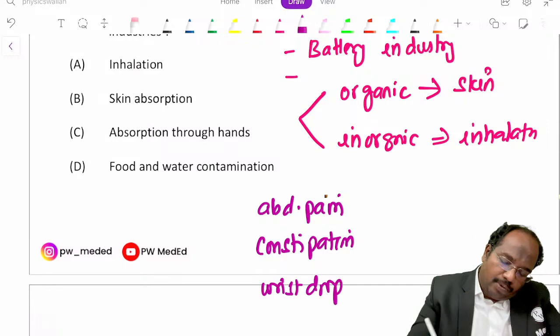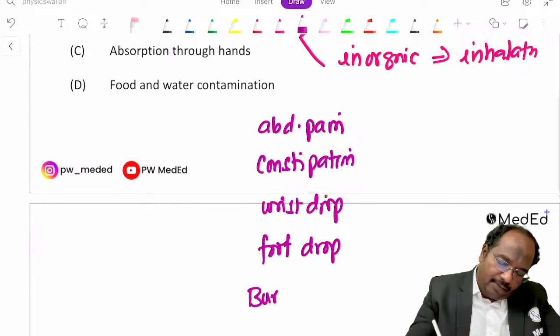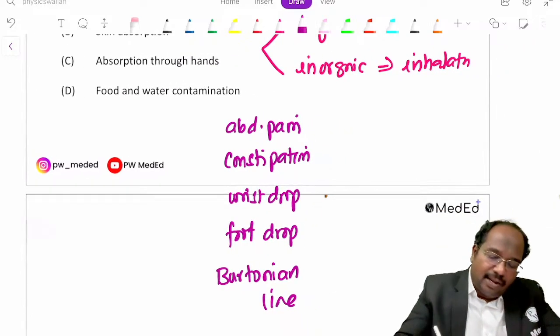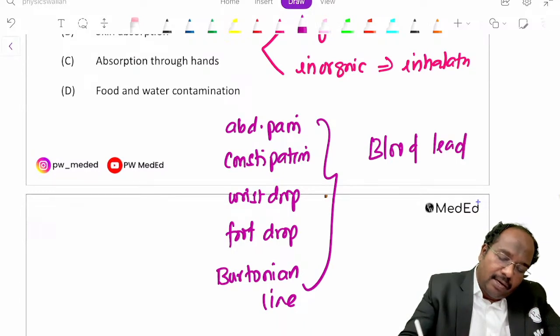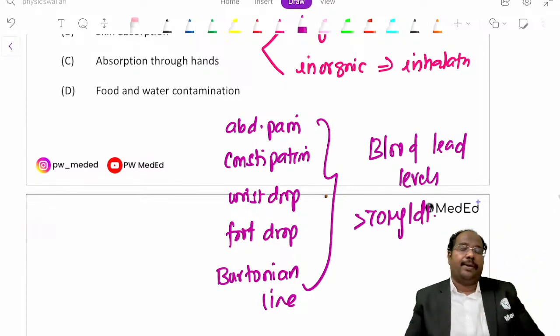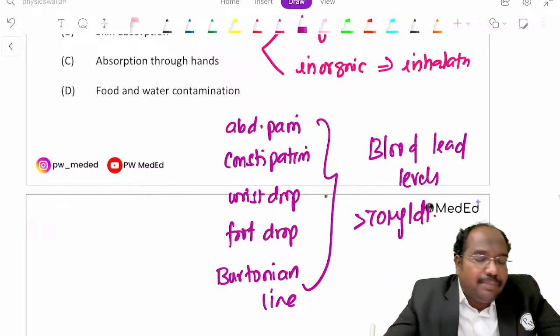Wrist drop, foot drop, and the Burtonian line, the blue line in the gums. These symptoms appear when the blood lead level is more than 70 micrograms per deciliter.